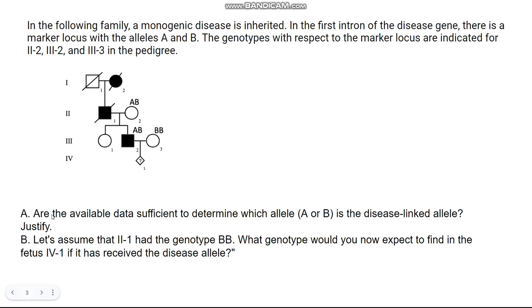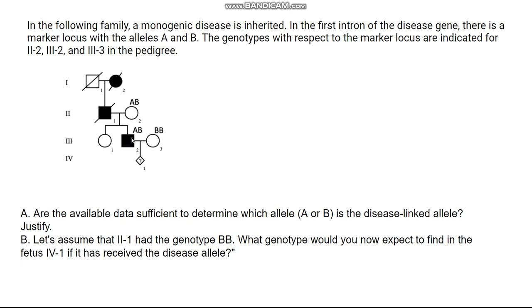Here the data is not sufficient to determine which allele, A or B, is the disease-linked allele, because we cannot deduce whether allele A or B is the disease-linked allele at generation 3-2 here.